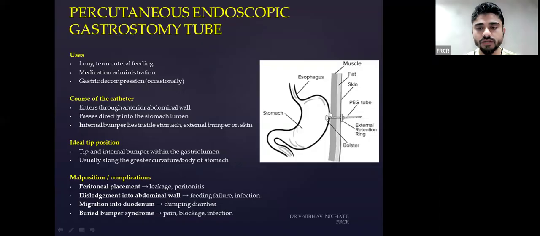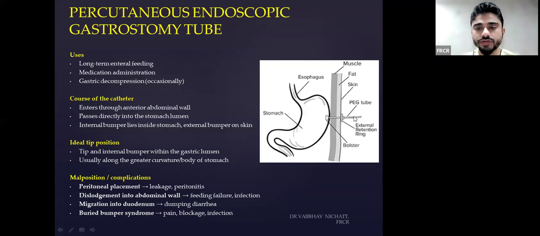So the bumper gets buried into the gastric mucosa, and simultaneously there will be pressure necrosis of the gastric mucosa, and along with the bumper there are higher chances of the balloon of the gastrostomy feeding tube also entering into the gastric mucosa.